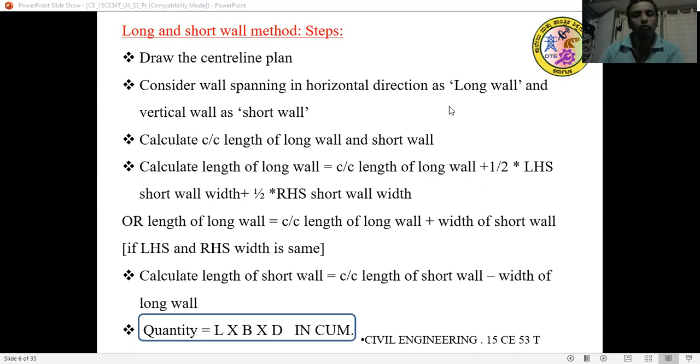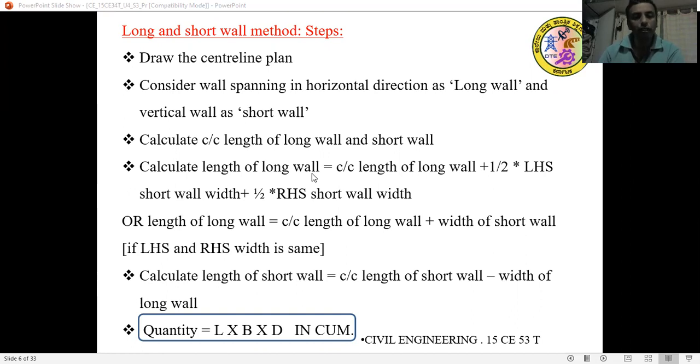Calculate the length of the long wall using the formula: center to center length of wall plus half of the left hand side short wall width plus half of the right hand side short wall width. Then calculate the length of the short wall, which is equal to center length of short wall minus width of long wall.